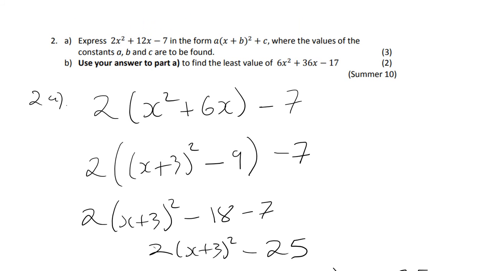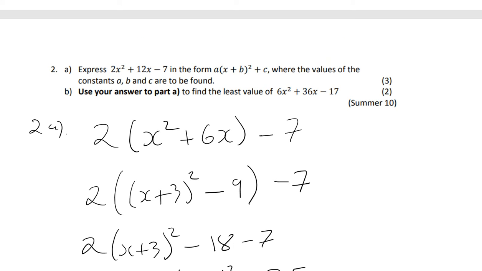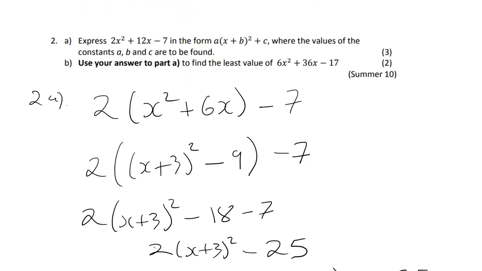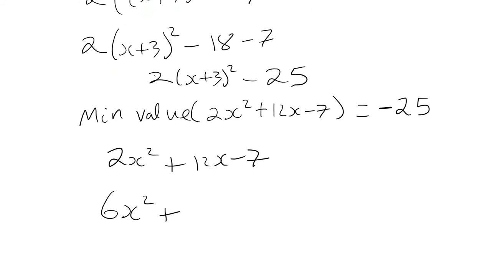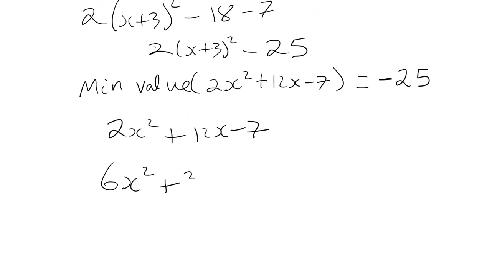And in the second bit, we want to find the least value of 6x squared plus 36x take away 17. So what we need to do is compare 2x squared plus 12x take away 7 and 6x squared plus 36x take away 17.